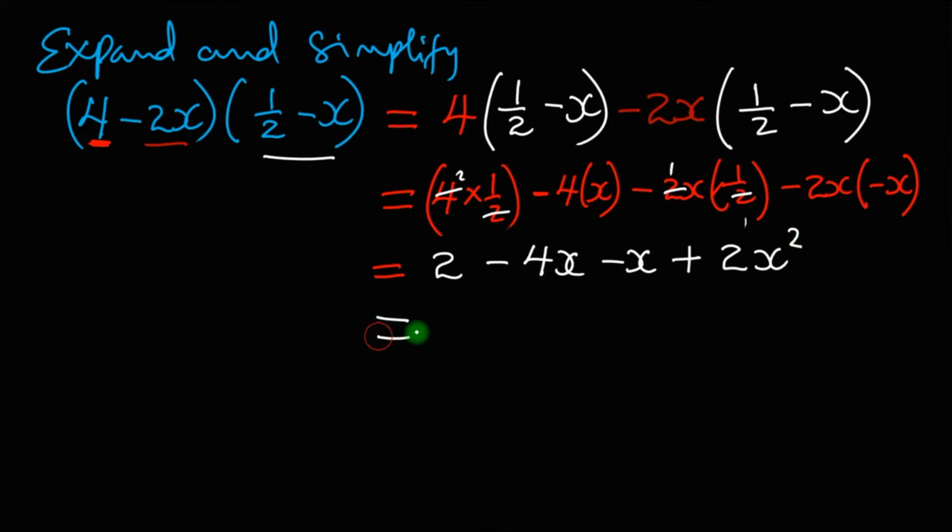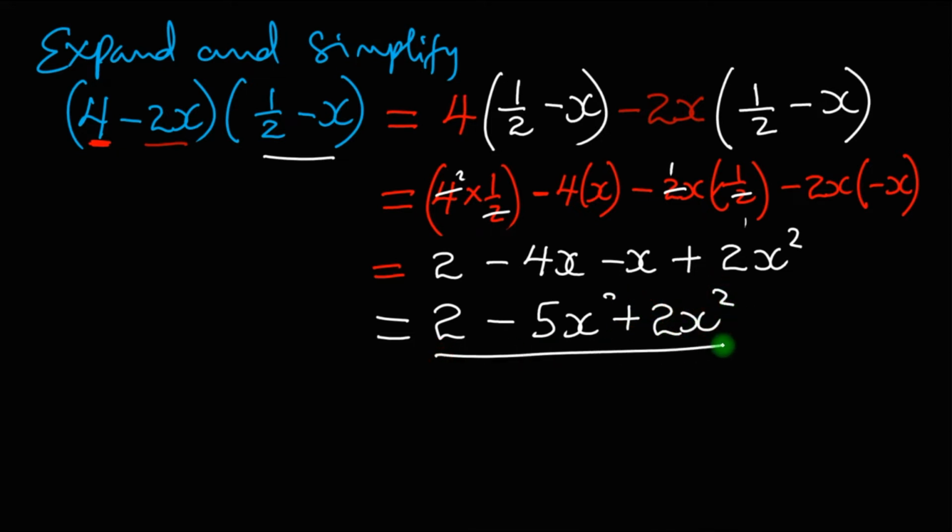As we simplify, we shall get 2, minus 5x, then plus 2x squared. And that is a simplified form, the expansion and the simplified form.